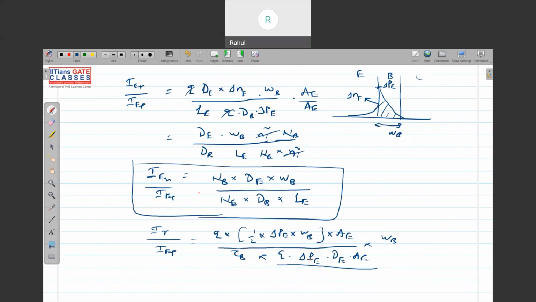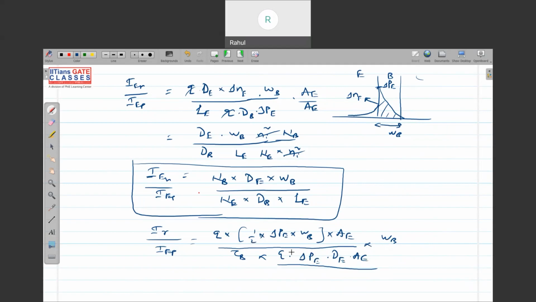Because Q D dp by dx, and dp by dx is del P by WB. A is the area of the emitter. Okay, Q D del P by del x, del P by base width. This is the slope of the carrier. Okay, this is your IEP.